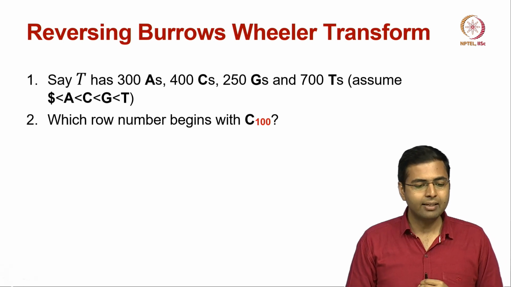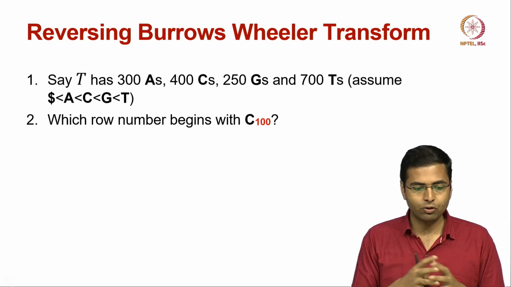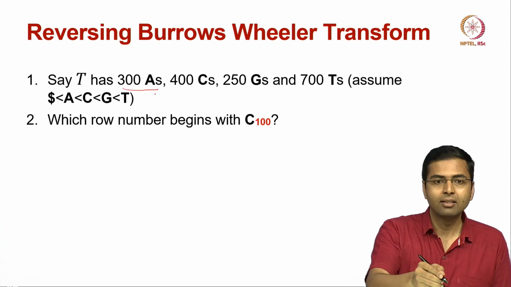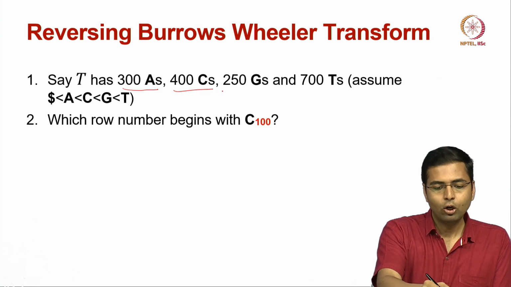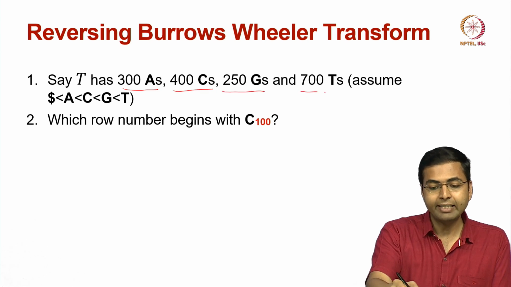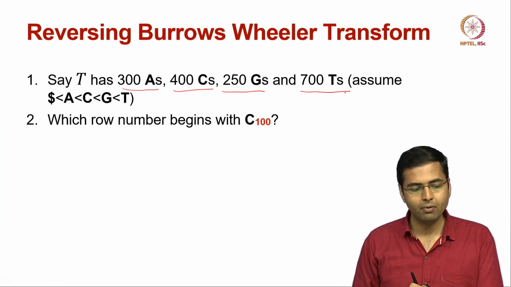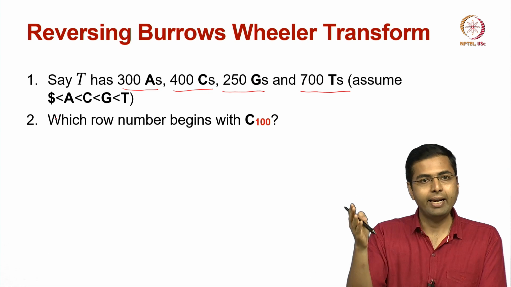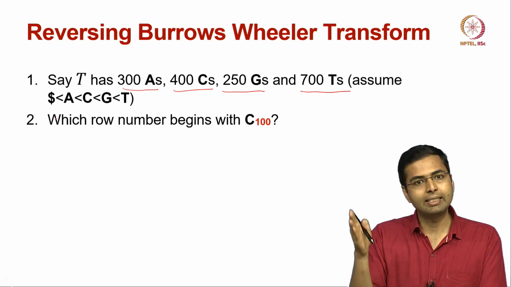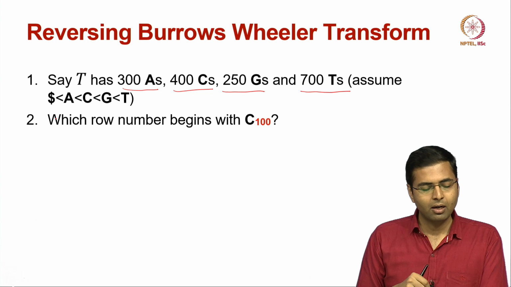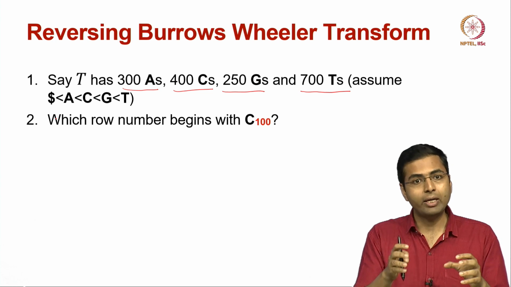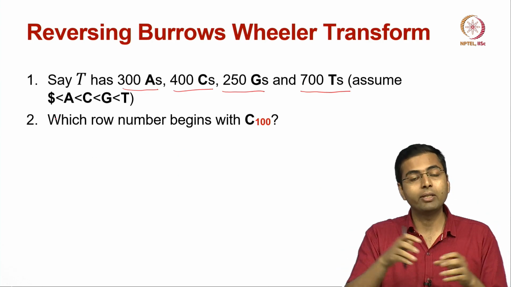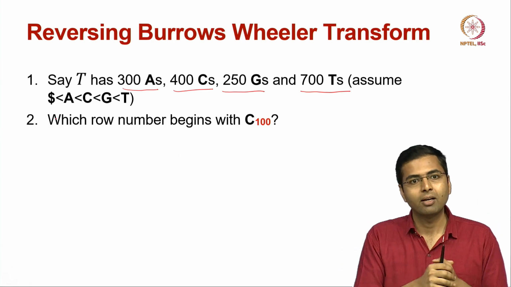So, let us answer this question now based on this property that we have understood. Suppose your text T has 300 A symbols, 400 C symbols, 250 G's and let us say 700 occurrences of T symbols, and we will assume the standard order that dollar symbol is less than A, then A is less than C, C is less than G and G is less than T. Now, without having access to the entire matrix, so for this text let us say we take the cyclic rotations, we sort them, right.